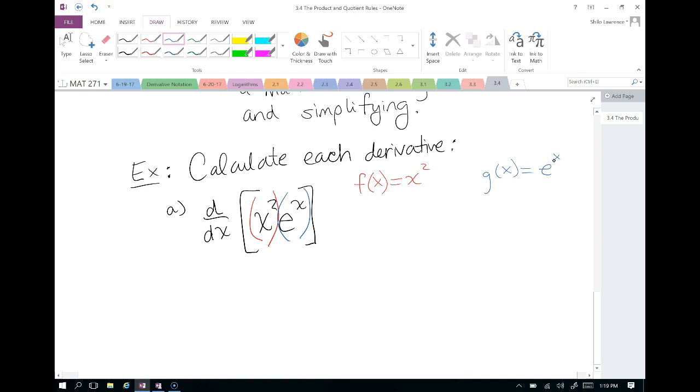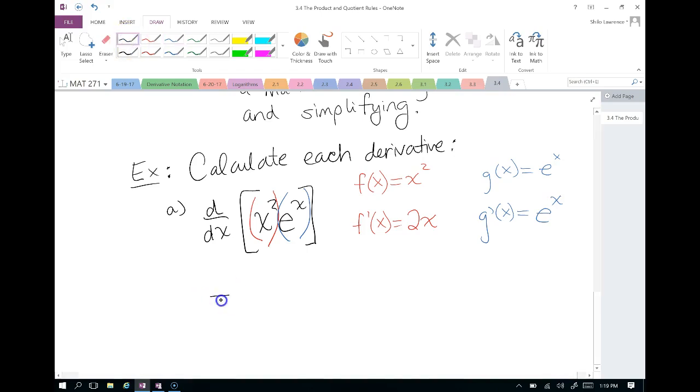And in order to write out my answer, I need the derivative for each piece. So f prime, now in section 3, we learned how to do the derivative for x squared. We have to use the power rule. So the derivative for x squared is 2x. And we also learned the derivative for e to the x is e to the x. And we've got all the pieces we need. We just need to remember the pattern to put it all back together for product rule.